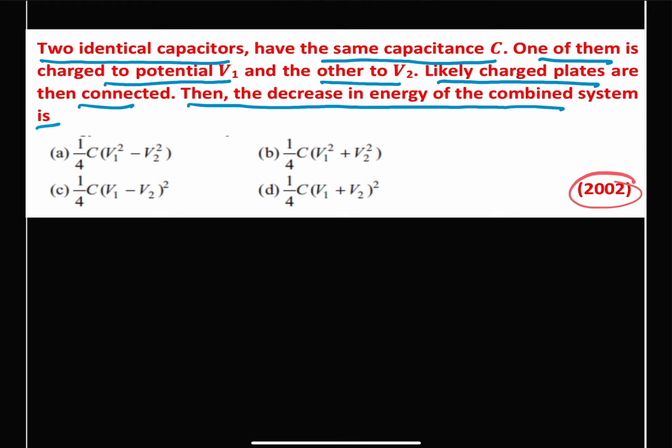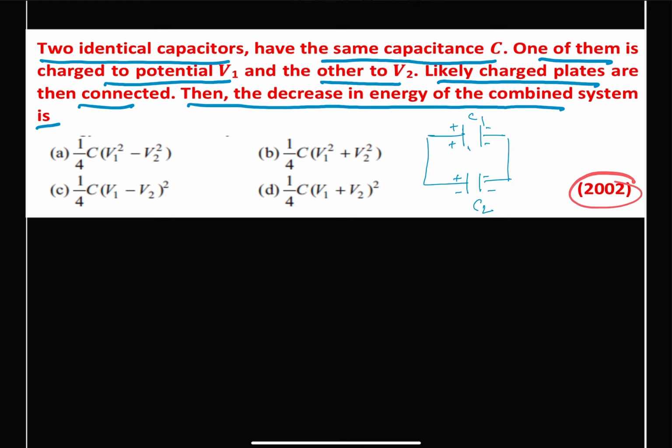So here we are having two capacitors and they are having the same capacitance. So we can just draw an approximate figure. So this is our capacitor 1, C1, and it is connected to capacitor C2, and it says that like charged plates are connected with each other like this.